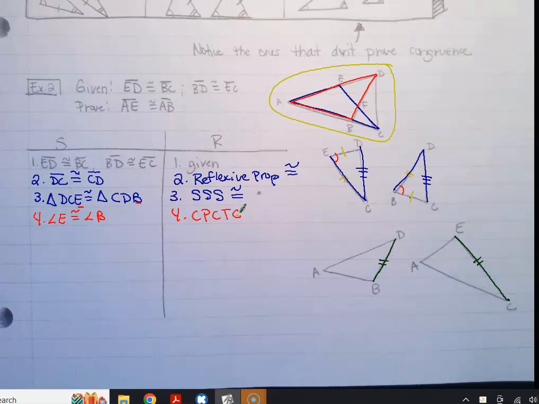Maybe, okay, hold on, we can't name them angle E and angle B because up here it's more than just E and B. And they don't share a line together. So it's angle, well, it's this E. So hold on. Wait, so it can't be angle E is congruent to angle B? Well, no, because E has multiple angles, so it needs to be angle DEC, right?